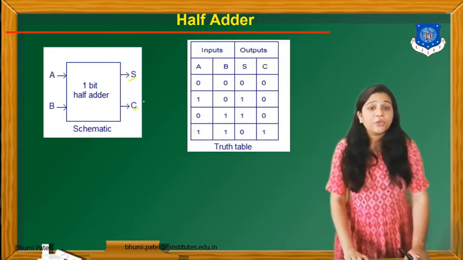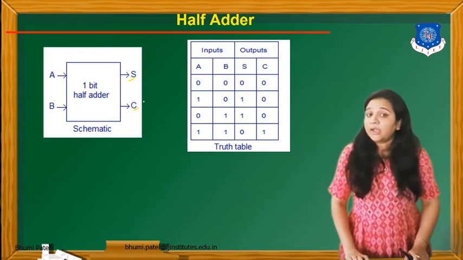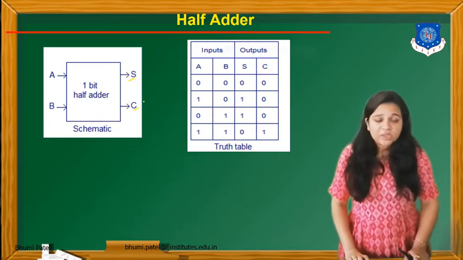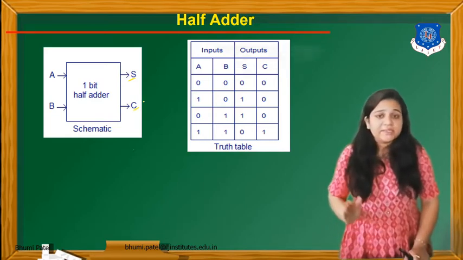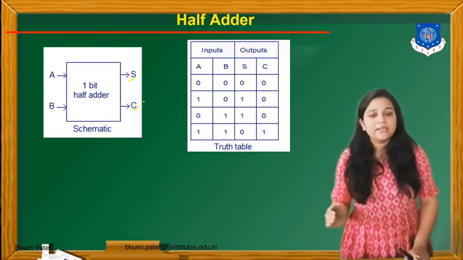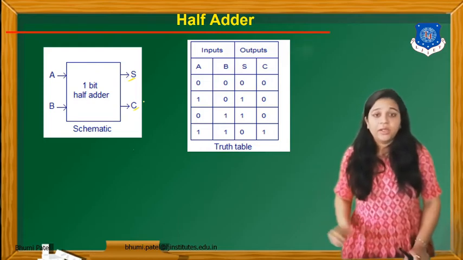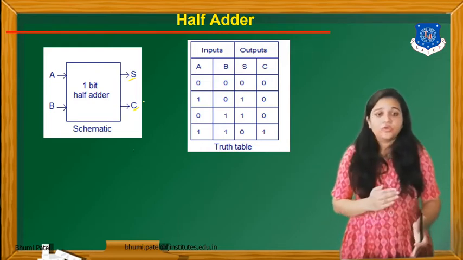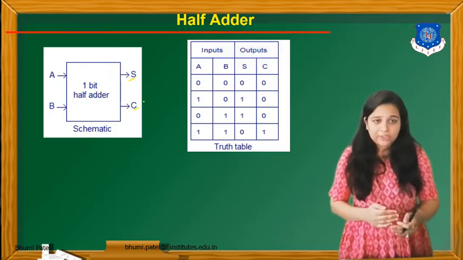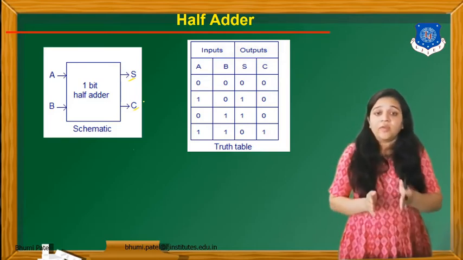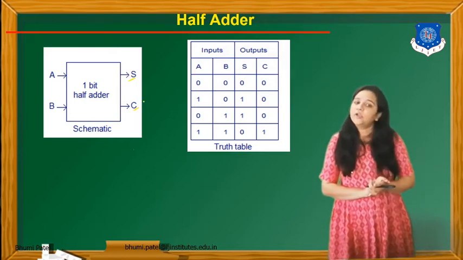Now what is the truth table of the half adder? Here you can see that we take two inputs. How many possibilities are there? There are four possibilities: A 0, B 0, then A high and B low, that is 1 0, then 0 1 and 1 1. Now 0 plus 0, we get sum equal to 0 and carry 0. For 1 0, we get 1 plus 0 equal to 1 and carry equal to 0.